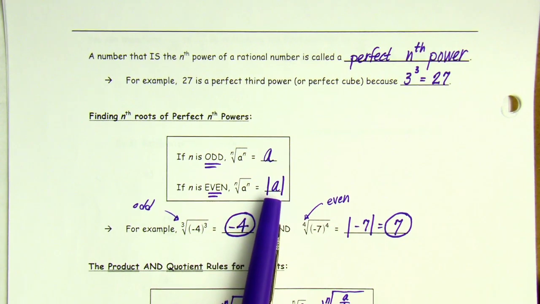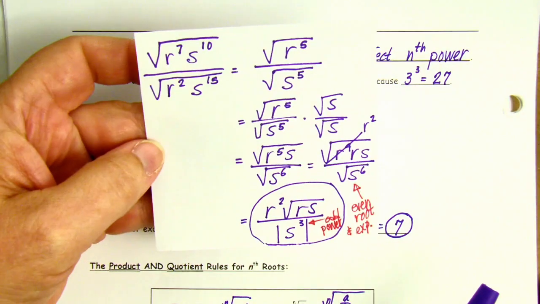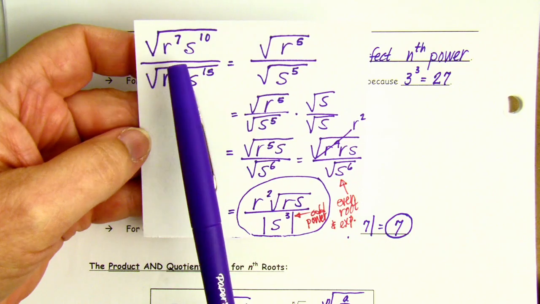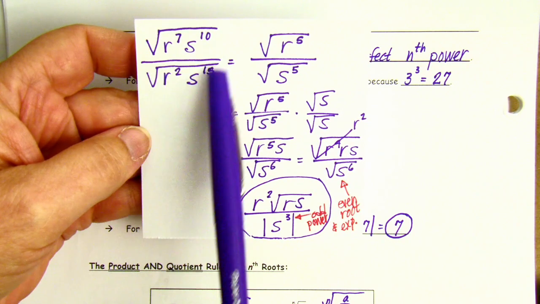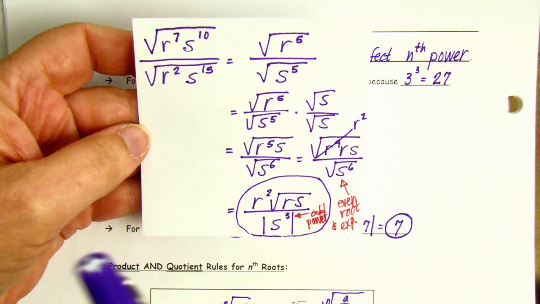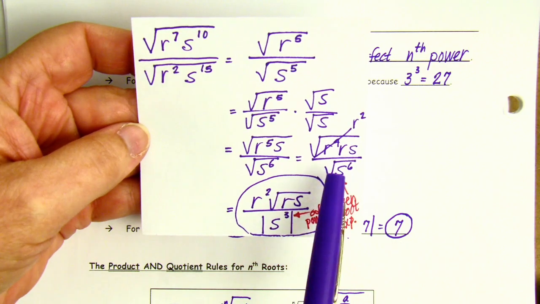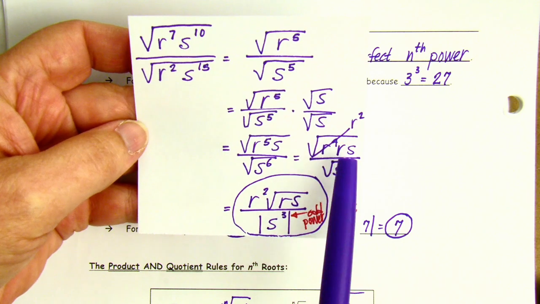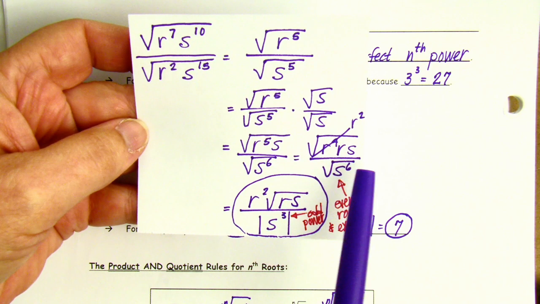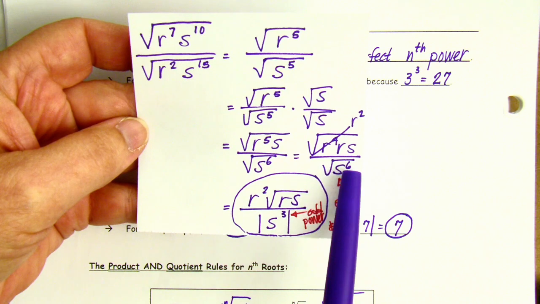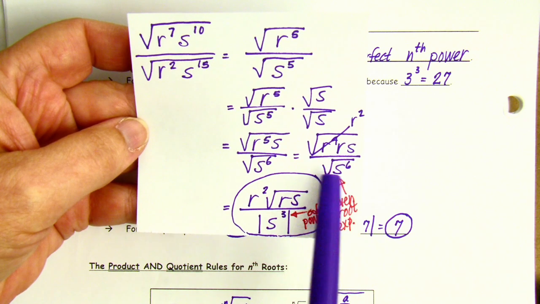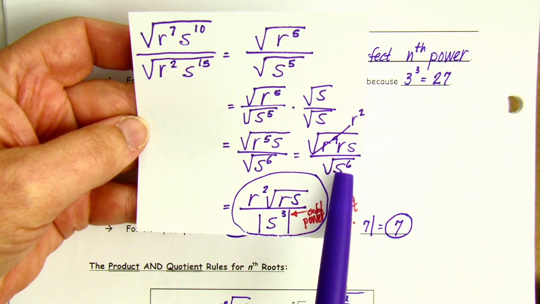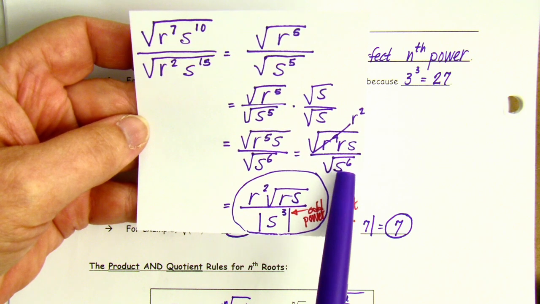And that brings me back to when we were looking at this particular example, when we simplified something like this in radical form. So we got it down to here. We knew that we had an r squared on the outside times the square root of rs divided by the square root of s to the power of 6. And we knew we could simplify this more because 6 was even, so s to the power of 6 is a perfect square.